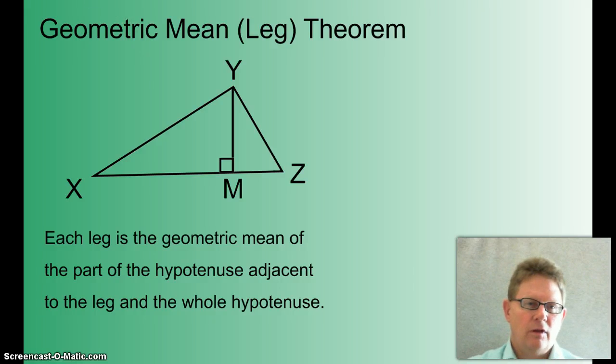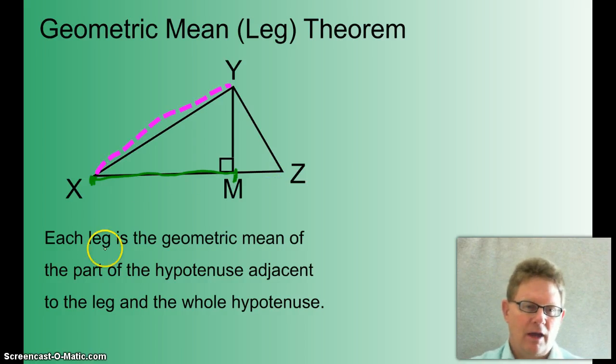So this leg right here, XY, that's the geometric mean between the part of the hypotenuse adjacent, XM, and the whole hypotenuse, XZ.